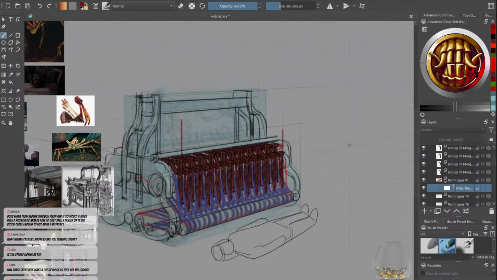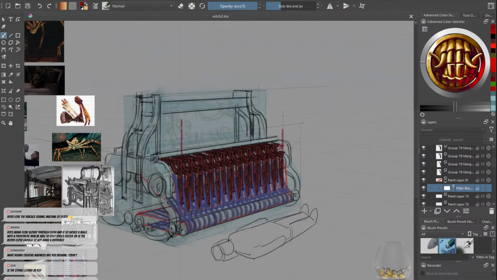Would a mage with prosthetic arms be able to cast spells faster, or is the blood close enough to not make a difference? I don't know. I don't want to think about the travel time of mana through different materials too much.